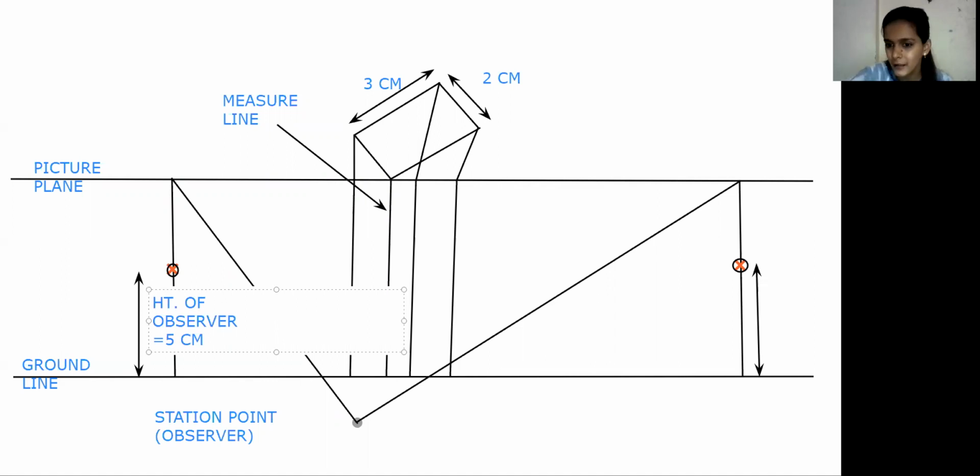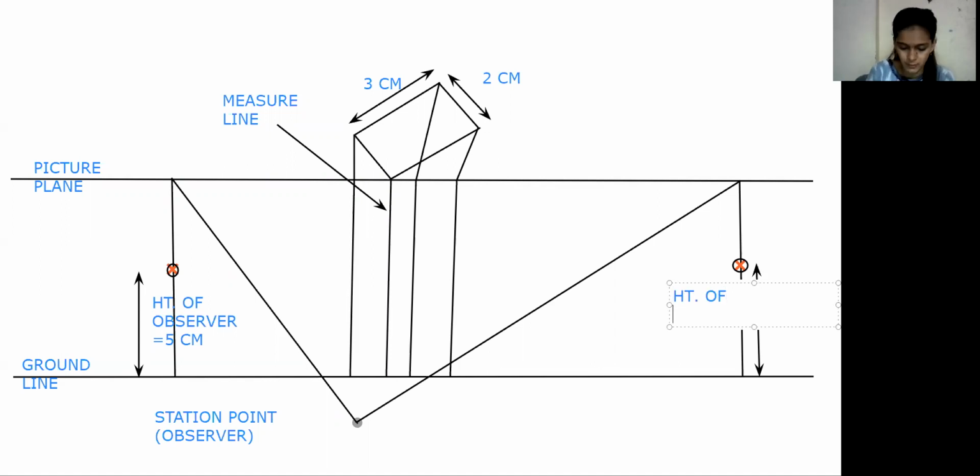Same way, on the other side also, you need to write it down. Height of observer equals 5 centimeter. And the points which we are getting, the rounded points, those are vanishing points.